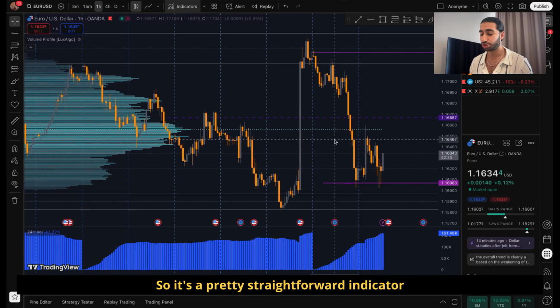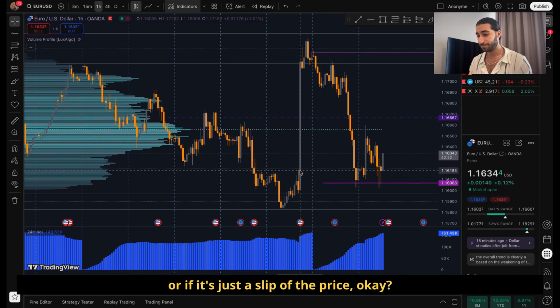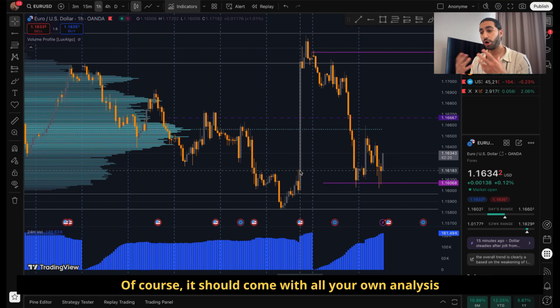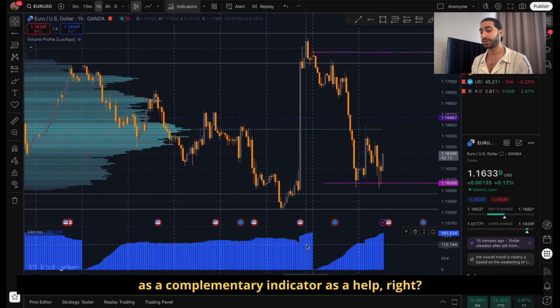So it's a pretty straightforward indicator in terms of recognizing if a move has purpose or if it's just a slip of the price. Okay, of course it should come with all your own analysis, and you should just use this indicator as a complementary indicator, as a help, right?